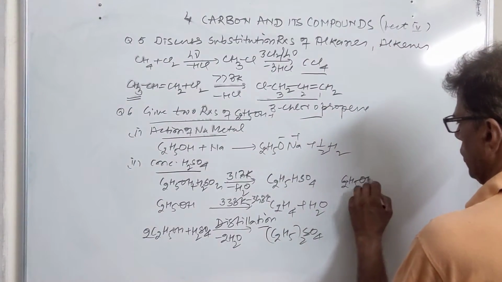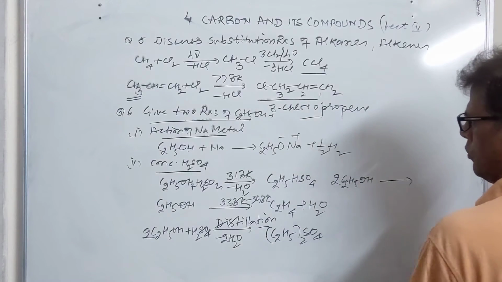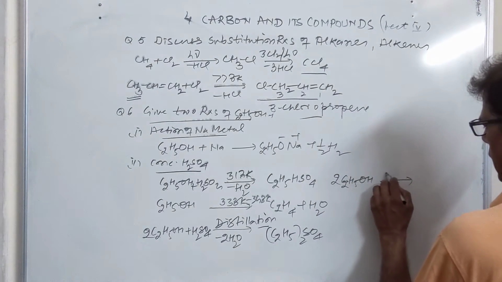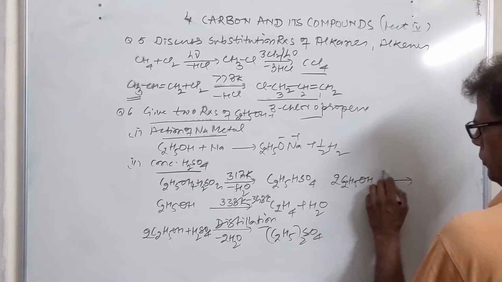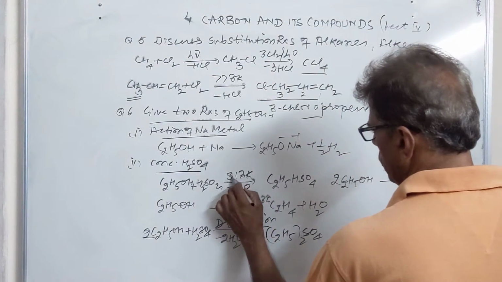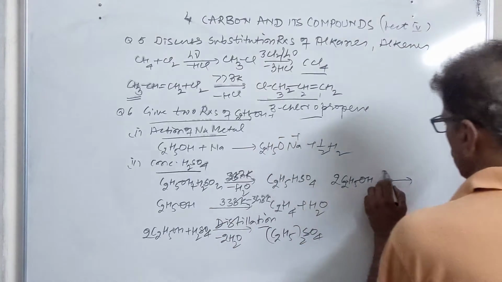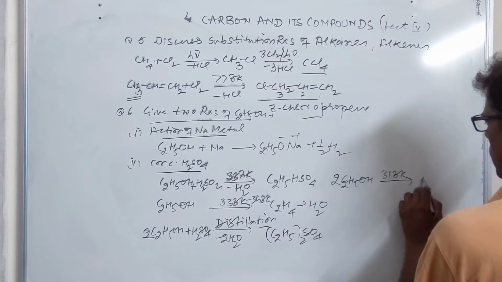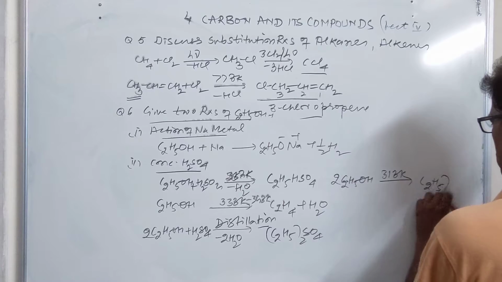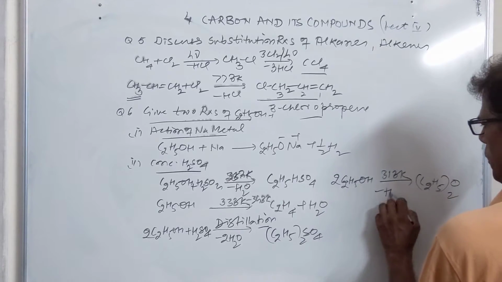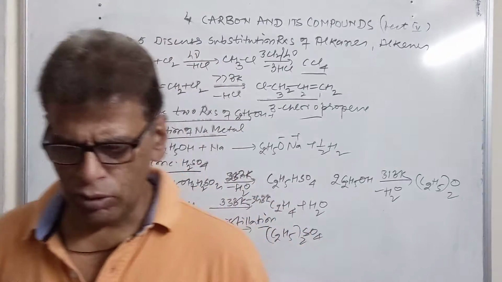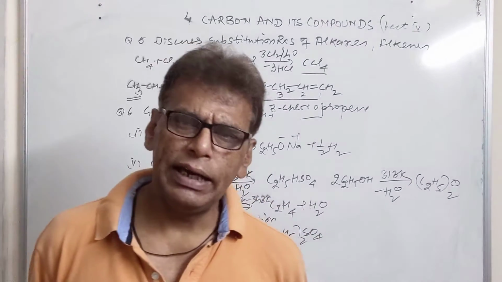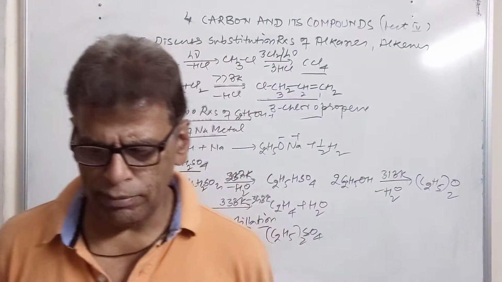C2H5OH combines with it at high temperature; this reaction takes place at 283 Kelvin. This will be at 313 Kelvin. You will get diethyl ether. So these are a few reactions of ethyl alcohol with sulfuric acid and with sodium metal.